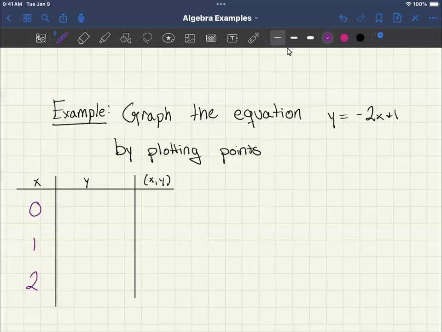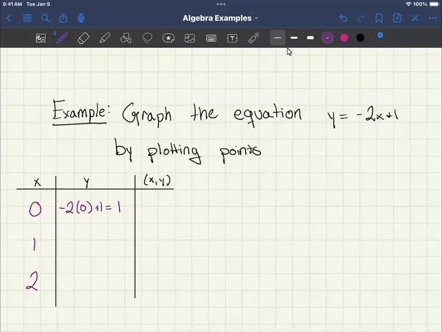So let's start off with plugging in 0 where we see our x in our equation. So that'll give us negative 2 times 0 plus 1. And if we do our math there, we see negative 2 times 0 is 0, plus 1 is equal to 1.